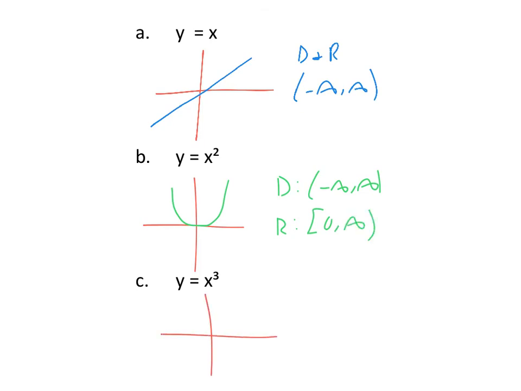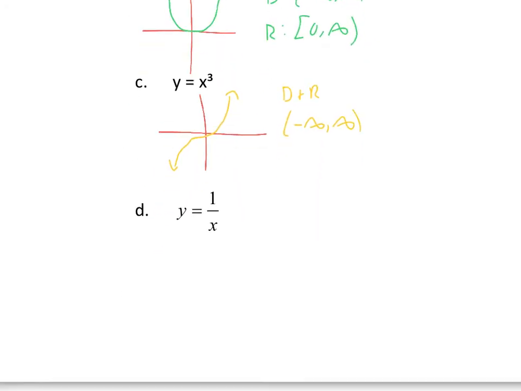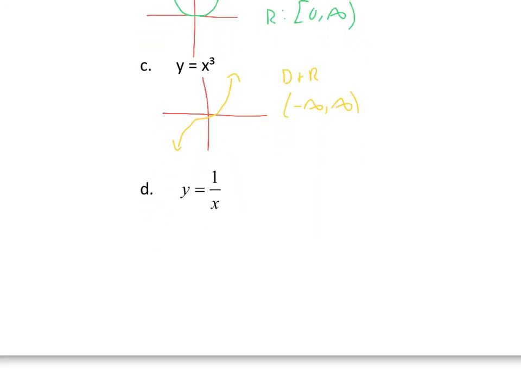C is x cubed. X cubed, you should know, looks like this. And again, the domain and range are both negative infinity to infinity. Okay, D, 1 over x. You should probably know that looks like this.